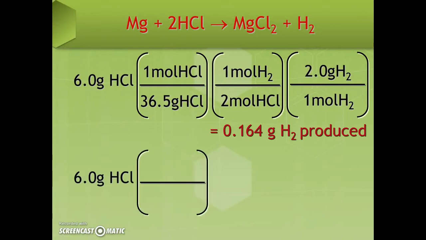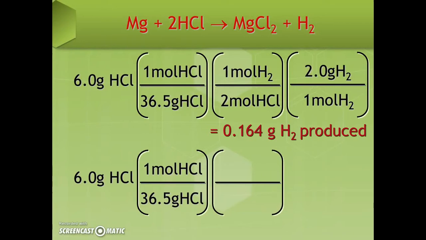Now, we can also find out how much magnesium we'll consume by, again, firing up the slingshot. We divide by the molar mass to move into the molar domain. Apply our stoichiometry term, this time in terms of magnesium, which has its coefficient of 1, and hydrochloric acid, which has its coefficient of 2.